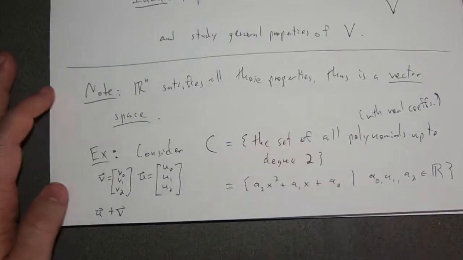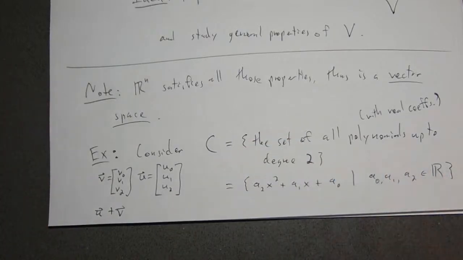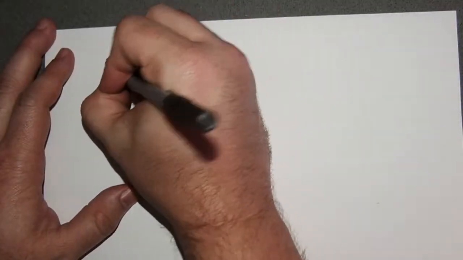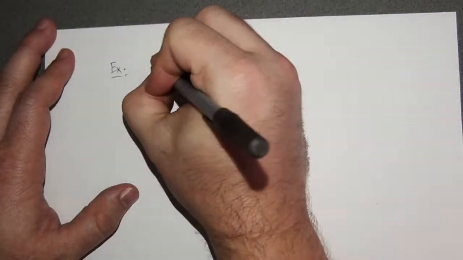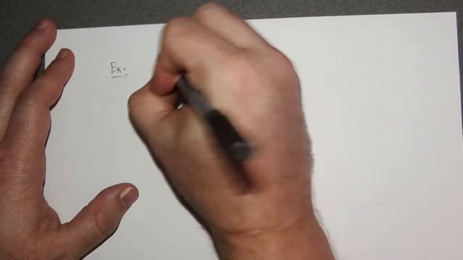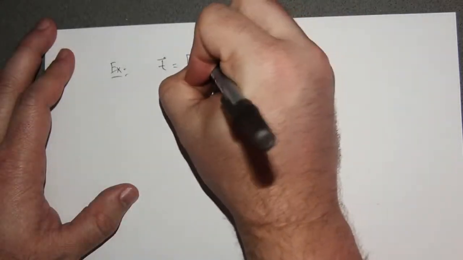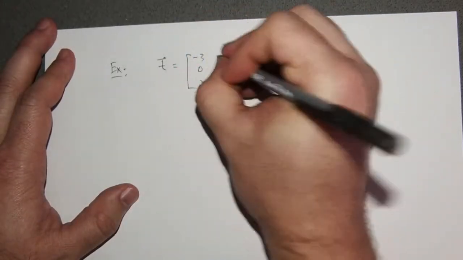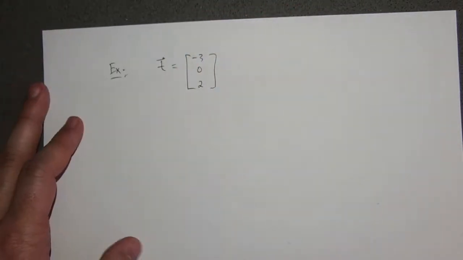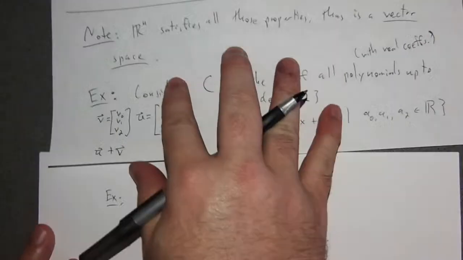Let's continue this example. Say in my C, I gave you the vector, I'm going to call it t, and my vector t is -3, 0, 2. What is this in the C that I've defined here?